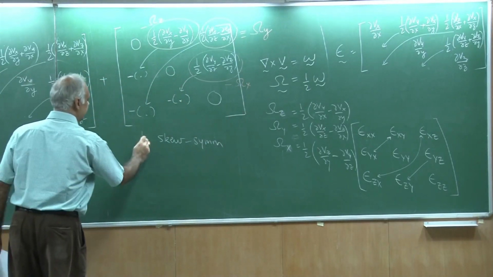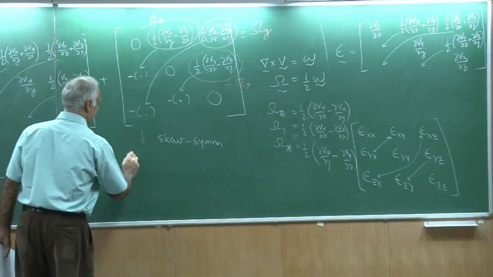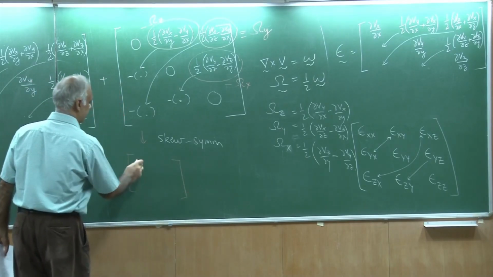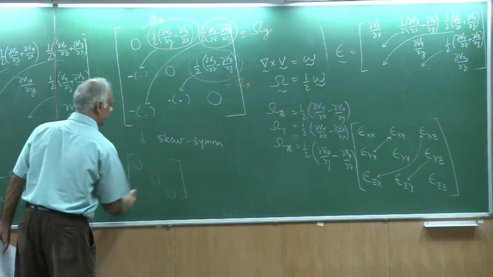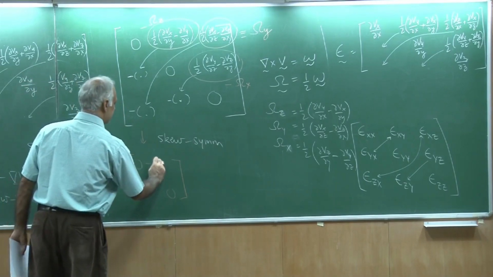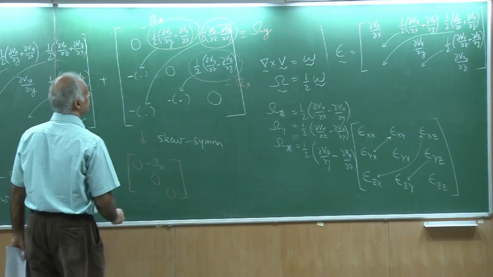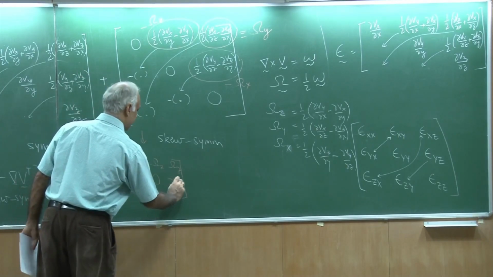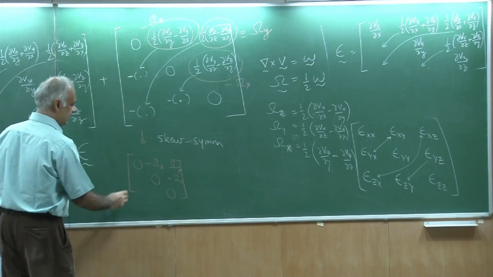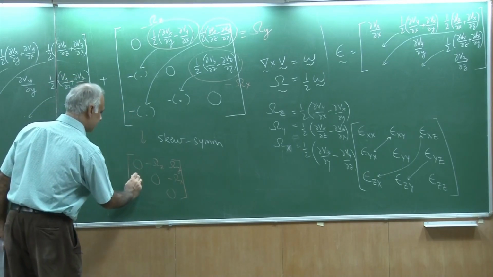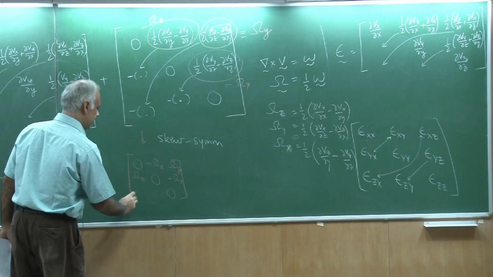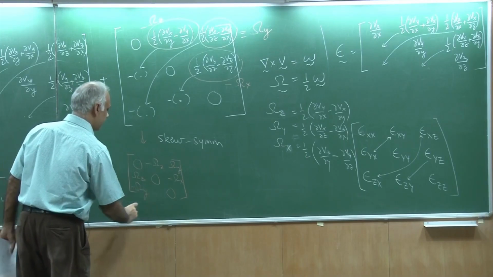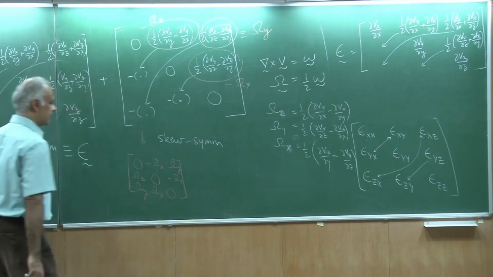So, actually this matrix here I am able to write as 0, 0, 0. This is minus omega z, omega y, this is minus omega x, and because it is skew symmetric, this one is omega z, this one is minus omega y, and this is omega x.